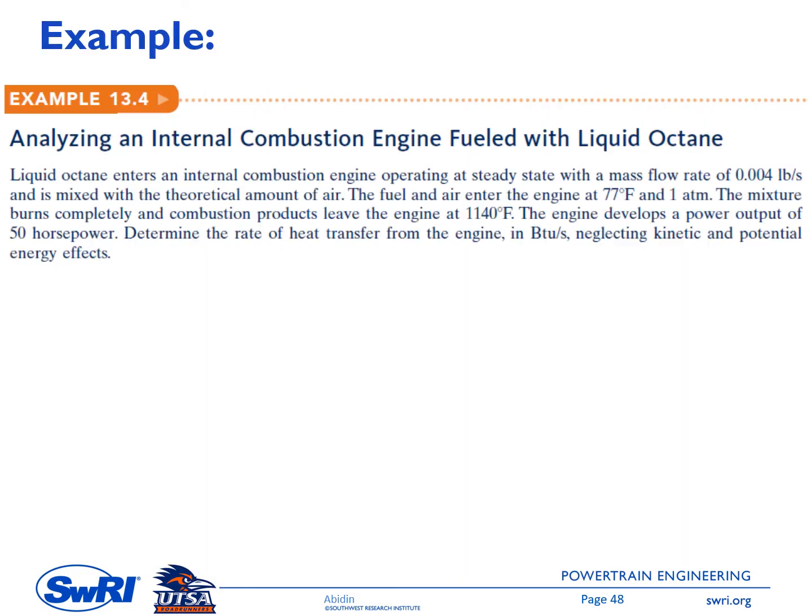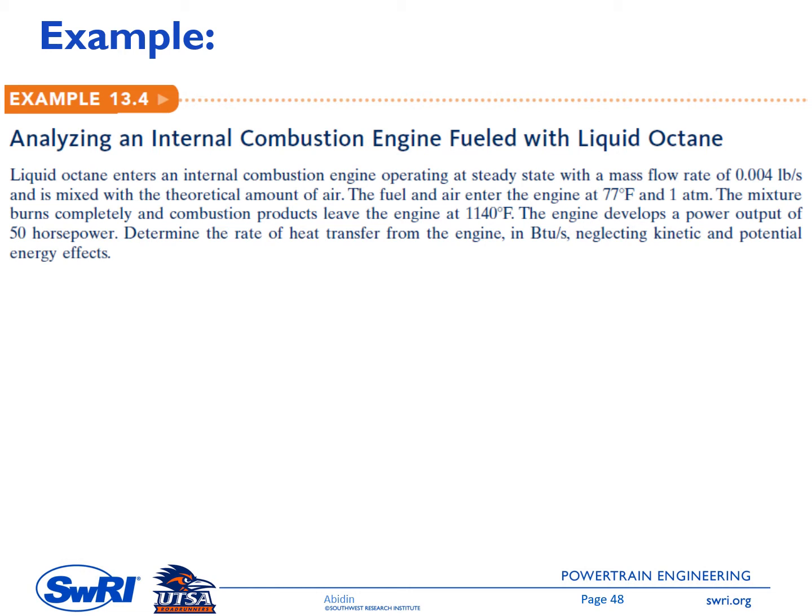Next example, this is example 13.4 in the textbook. Liquid octane enters an internal combustion engine operating at steady state with a mass flow rate of 0.004 pound per second and is mixed with the theoretical or stoichiometric amount of air. The fuel and air enter the engine at 77 degrees Fahrenheit and 1 atmosphere.